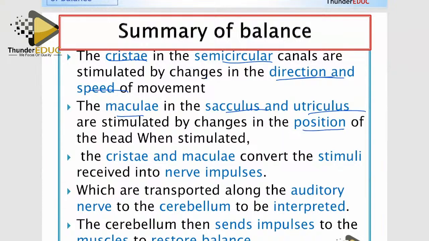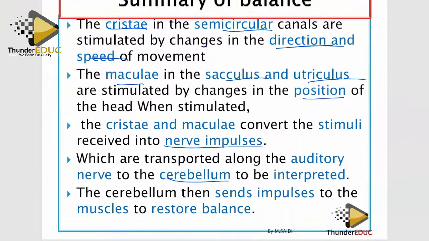The crista and the maculae convert the stimuli into nerve impulses, which are transmitted along the auditory nerve to the cerebellum.